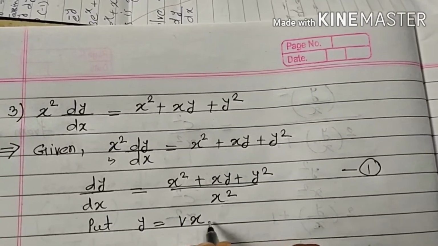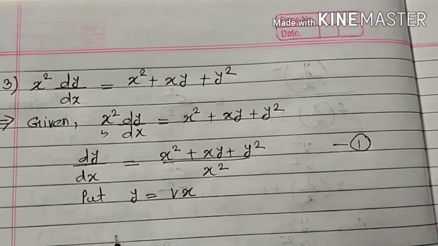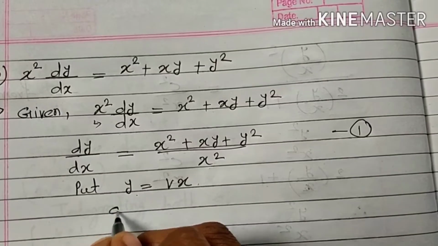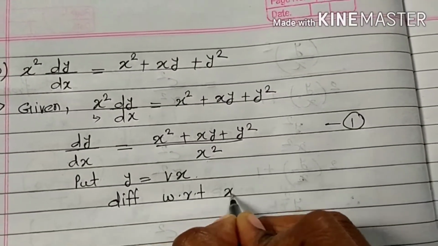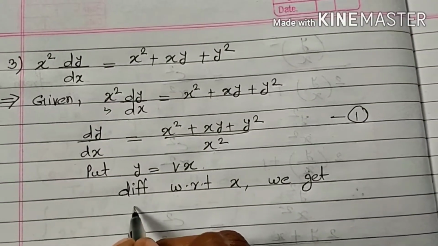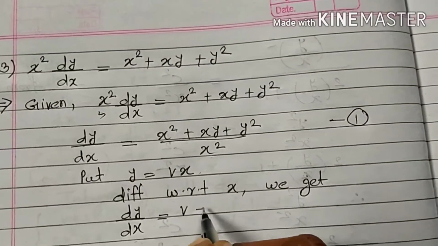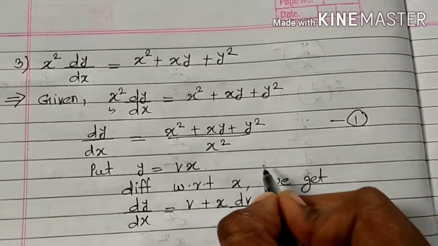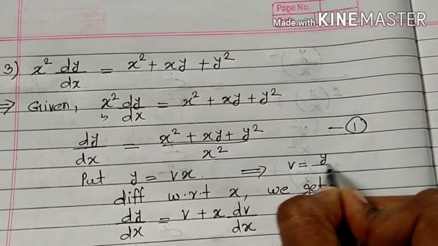This is a homogeneous differential equation, and to solve this type of equation we take a substitution. y is equal to vx. So differentiate with respect to x, we get dy upon dx, which is equal to v plus x dv upon dx. So this implies that v is equal to y upon x.